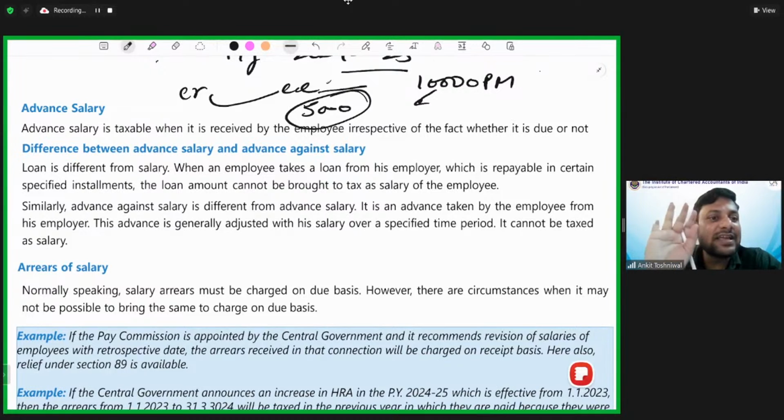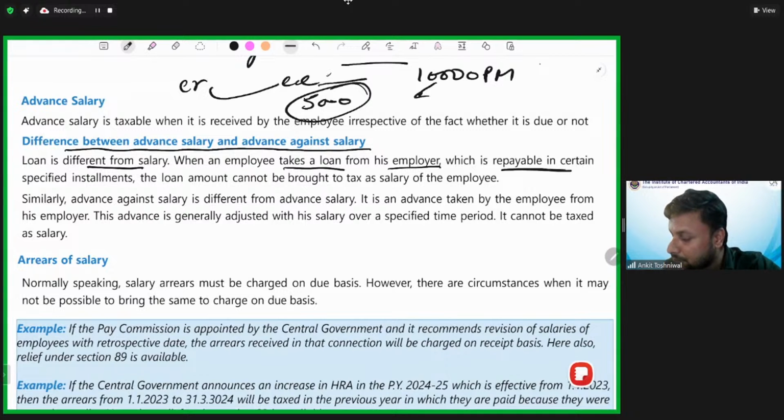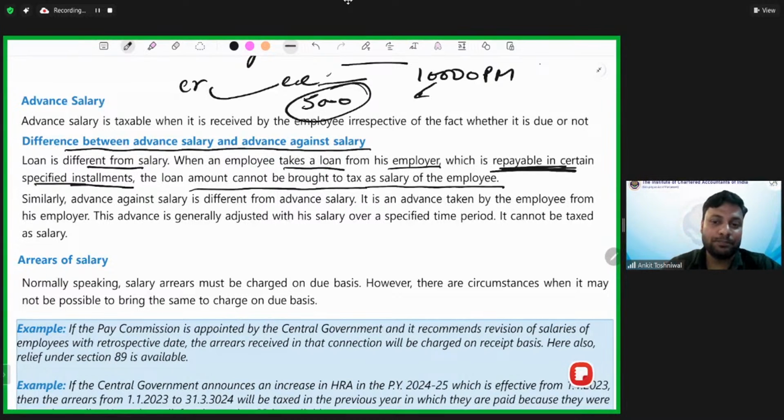So it is not treated as income of that year. This is what it is saying: difference between advance salary and advance against salary. Loan is different from salary. First point here: when an employee takes a loan from his employer, which is repayable in certain specified installments, the loan amount cannot be brought to tax as salary of the employee.